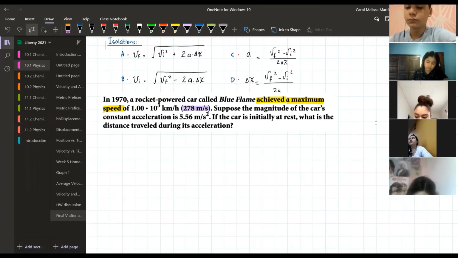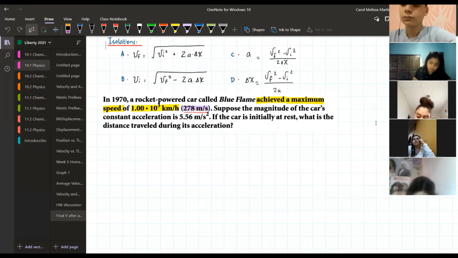In this case, you won't need to work with a conversion process. Converting kilometers per hour to meters over second is not going to be needed. So that first given, you can write it as part of your givens, but in the end, what are you going to use? Remember that we use our data in meters per second.